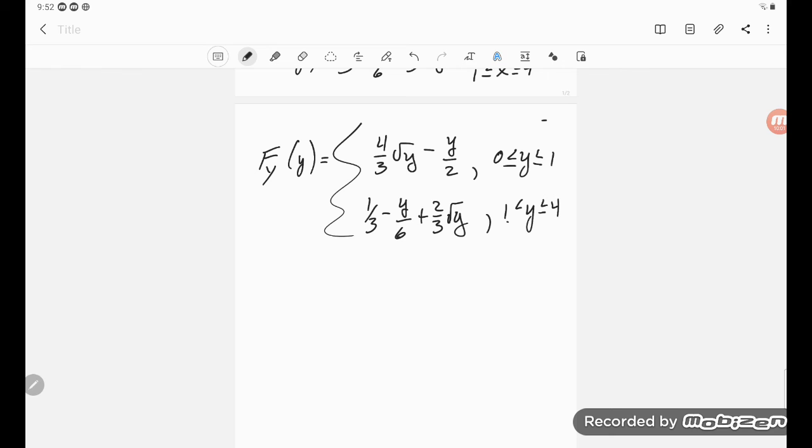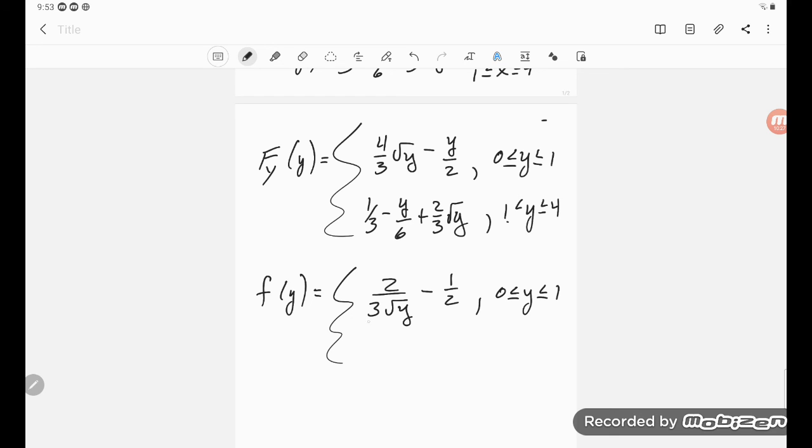Looks good. Okay, so then I find the PDF f of y, and I take the derivative of the top. I'll get a 1/2, so that makes it 2/3 square root of y minus 1/2, and that's from 0 less than or equal to y less than or equal to 1.